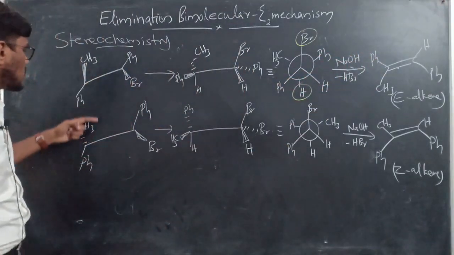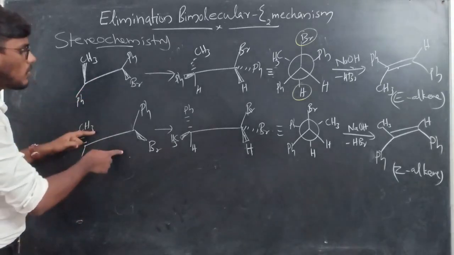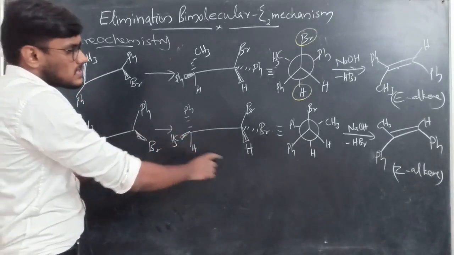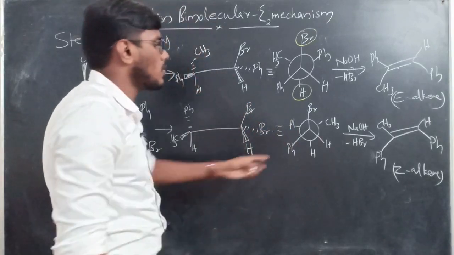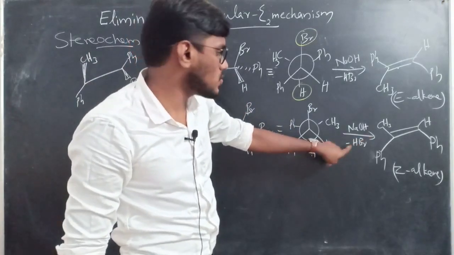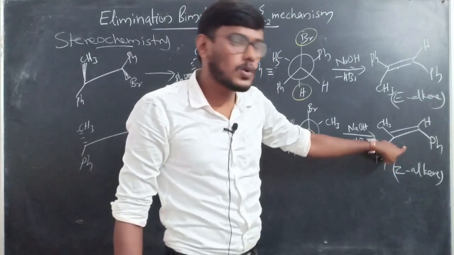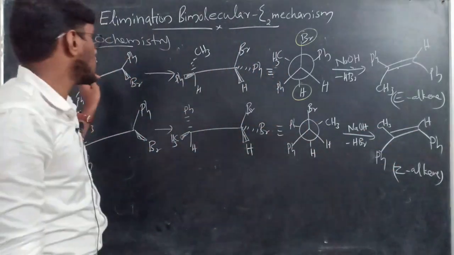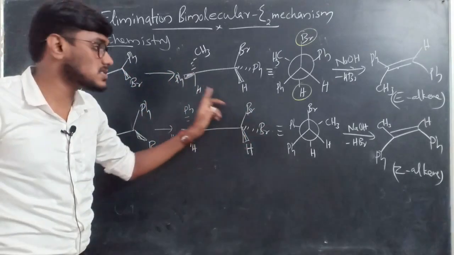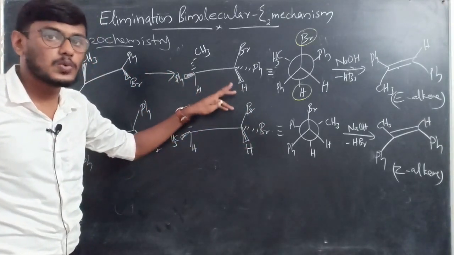Another diastereoisomer of the same compound, we can redraw like this, and this is the Newman projection of this compound. Minus HBr, that is E2 elimination, gives a Z alkene as the product. So this is proof for the stereospecificity of the E2 reactions.